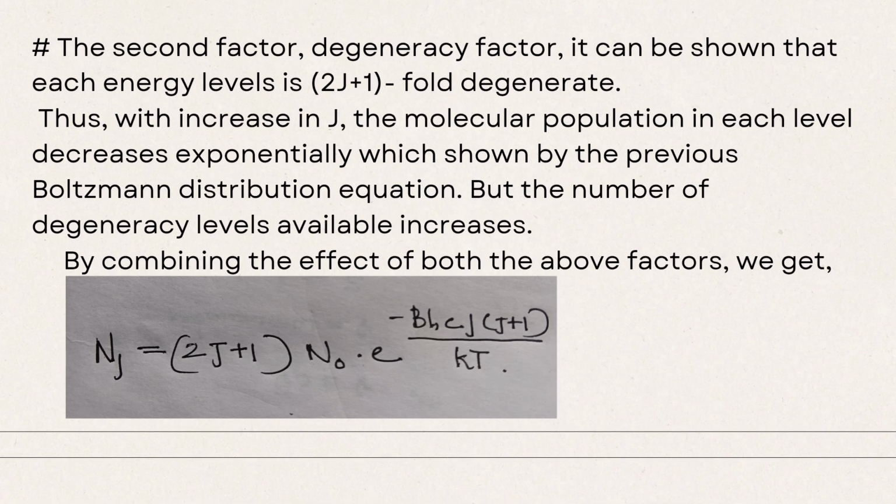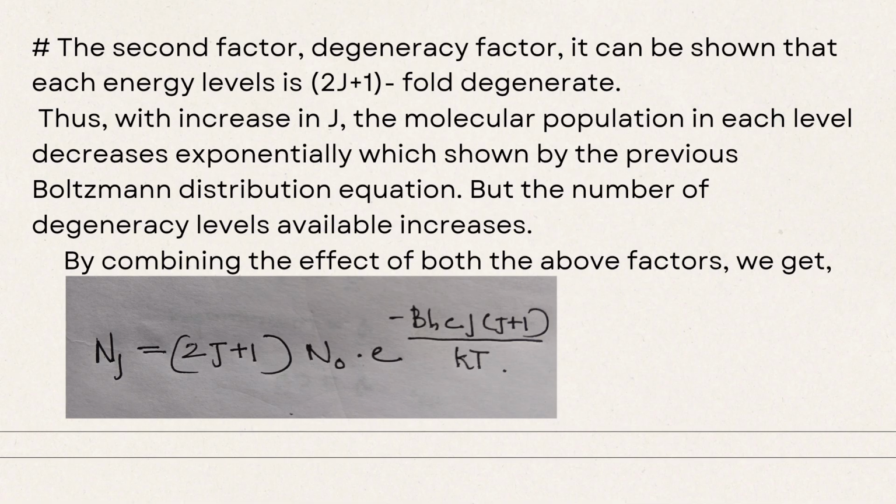It can be shown that each energy level is (2J+1)-fold degenerate. Thus, with increase in J, the molecular population in each level decreases exponentially, as shown by the previous Boltzmann distribution equation, but the number of degenerate levels available increases.